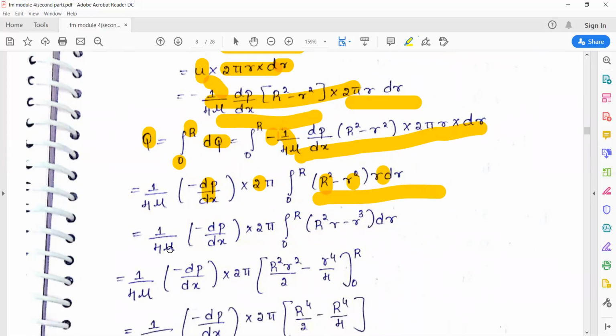Now in the next step, 1 by 4 mu into minus dp by dx into 2 pi, and this r they have moved inside.